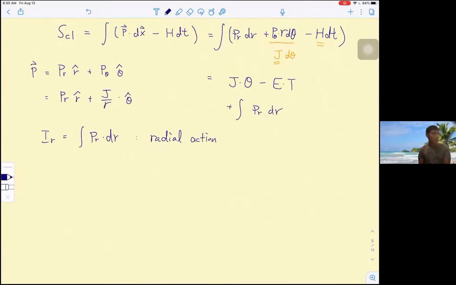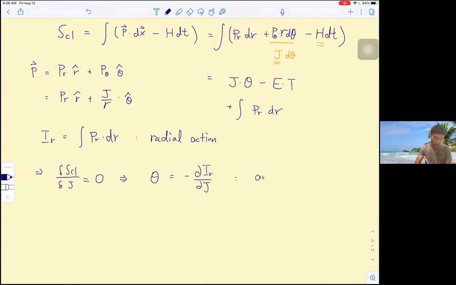Okay, so why is this important? It's important because according to this classical action, once we know this radial action, we can already fix other quantities. So for example, demanding that the variation of the classical action with respect to j is 0, that means that the scattering angle theta is equal to minus the derivative of the radial action I_R with respect to angular momentum j.